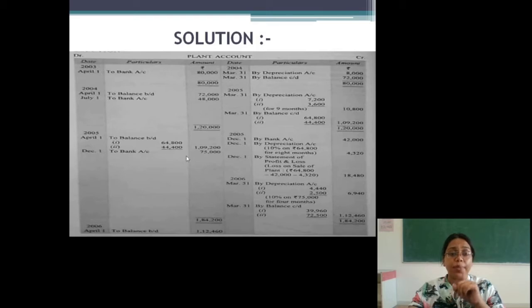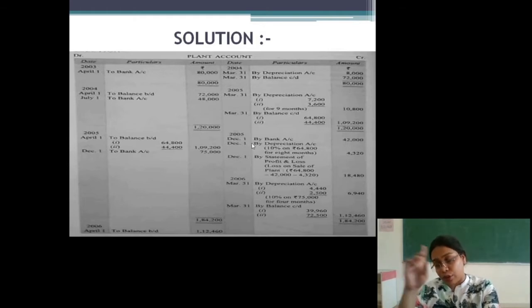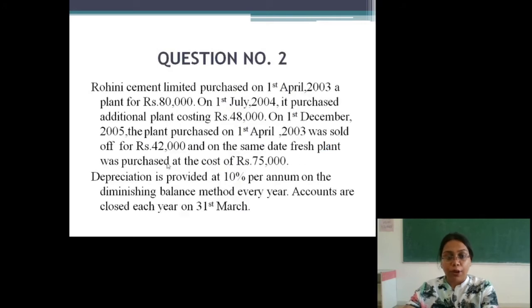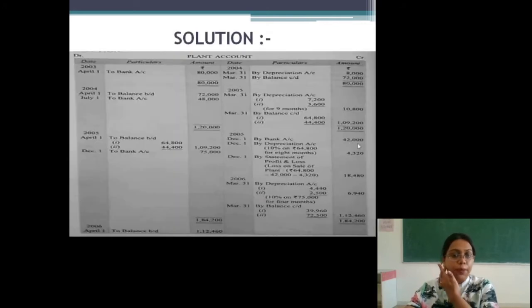So machinery first will be sold off, that is we'll sell the machinery on December 1st 2005 by bank account. How much amount? 42,000. We have sold the machinery.